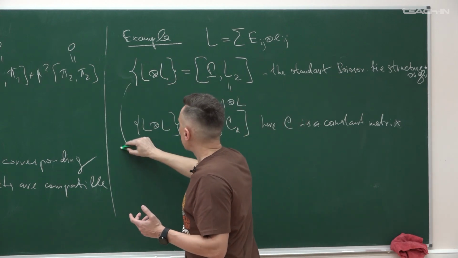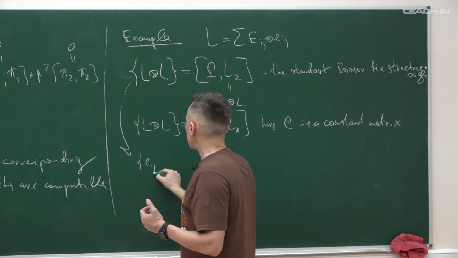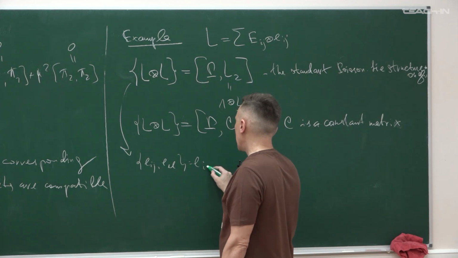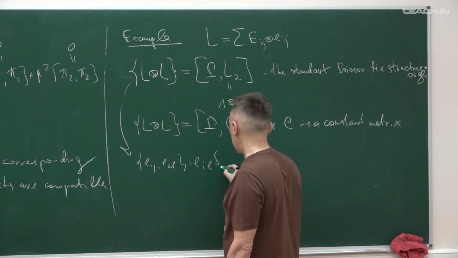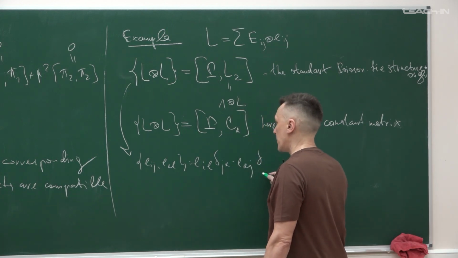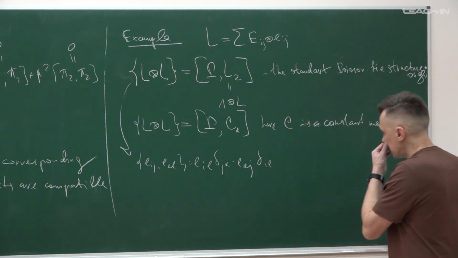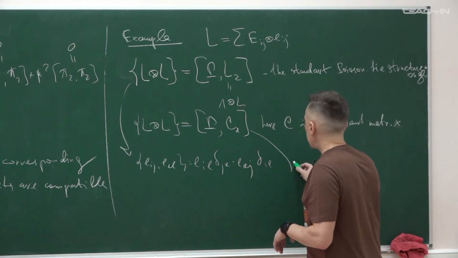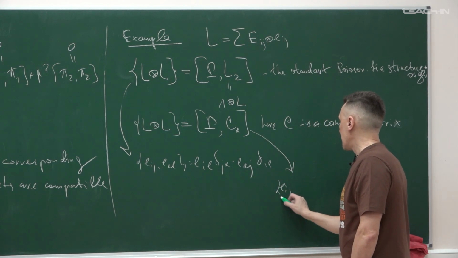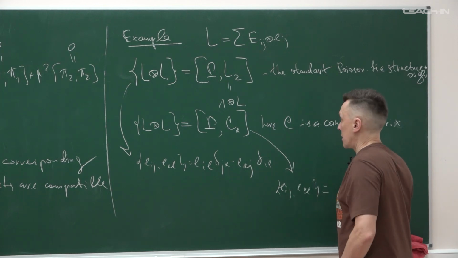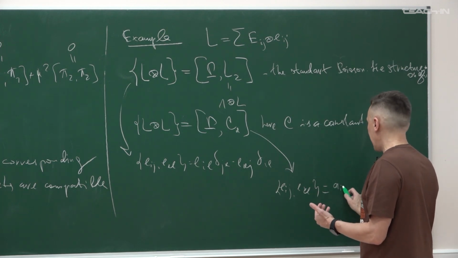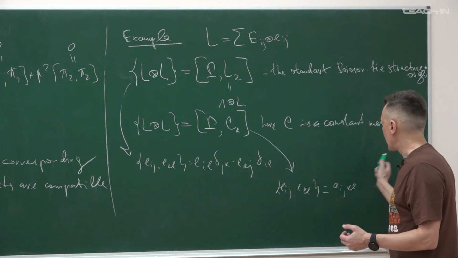Here, in this case, the bracket of E_ij with E_kl is a known formula which we used: delta_jk E_il minus delta_il E_kj. In this case, it is just constant. So the bracket of E_ij with E_kl is some constant, which I will write as A_ijkl, just constants.